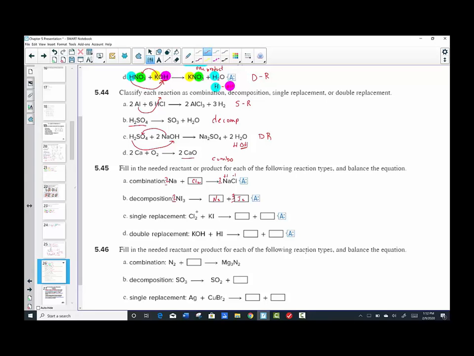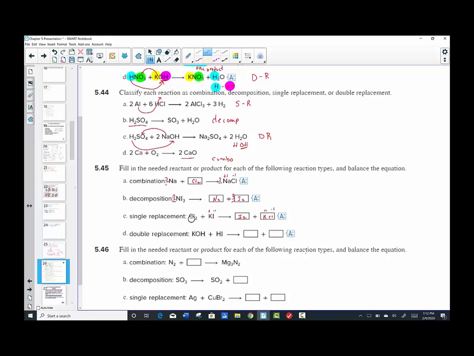Elemental form of chlorine with potassium iodide. Chlorine displaces the iodine. Iodine, remember, is one of the lucky 7, I2. Positive ions are written first, negative ions written last. KCl.